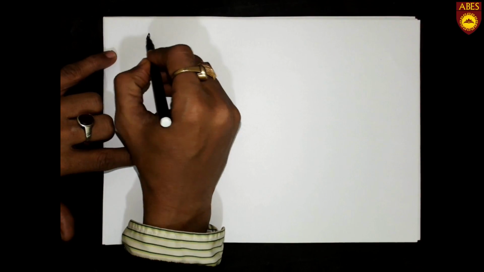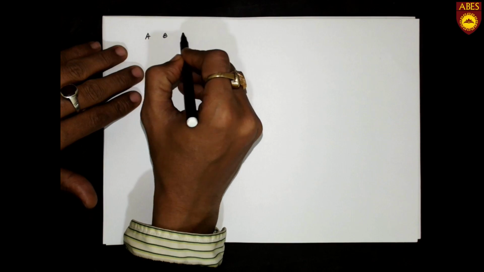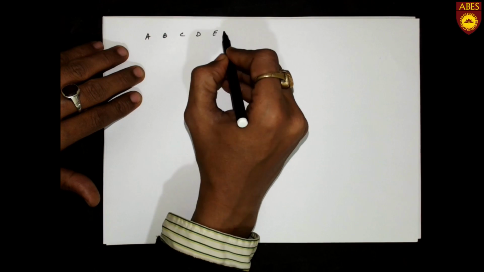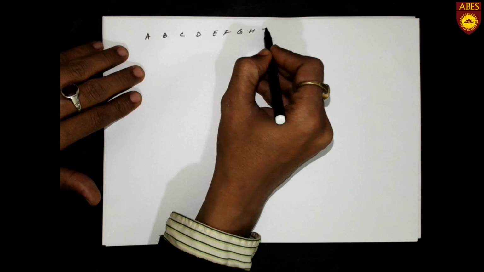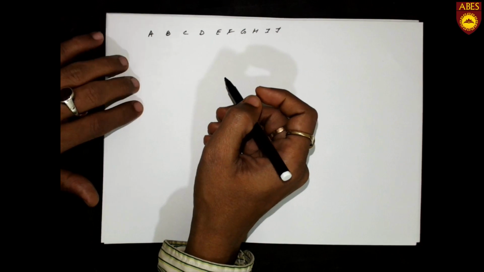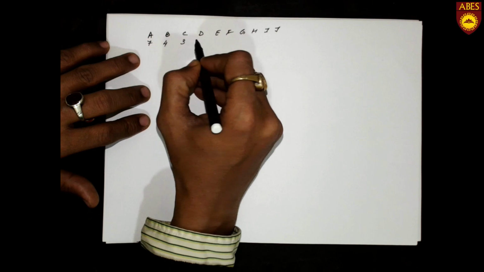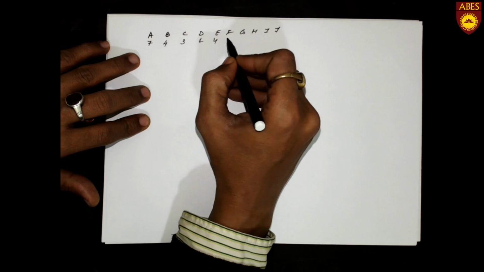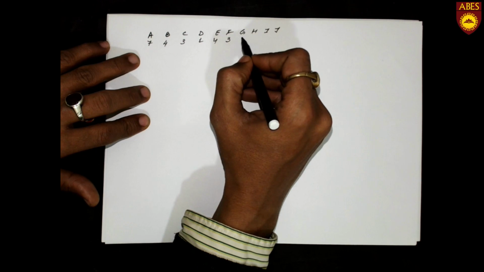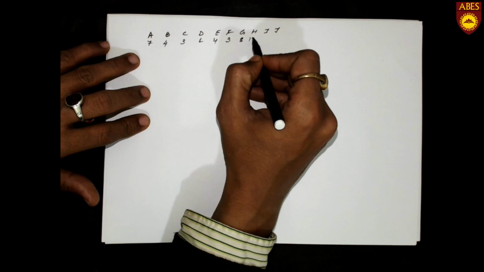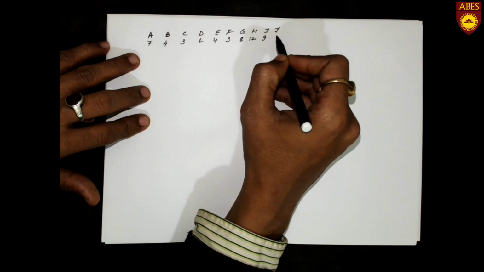Suppose I have some elements A, B, C, D, E, F, G, H, I and J, and these have the hash locations, let's say, 7, 4, 3, 1, 4, 3, 8, 12, 9, 8.